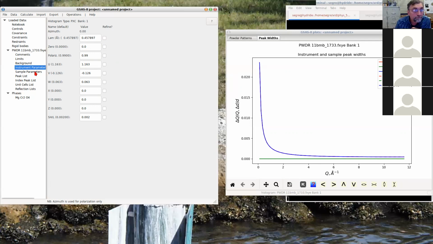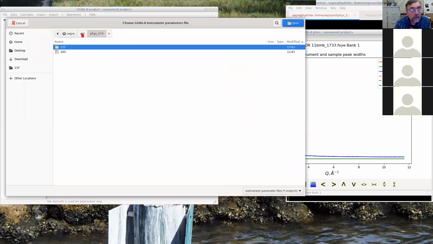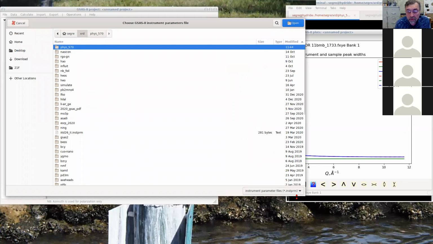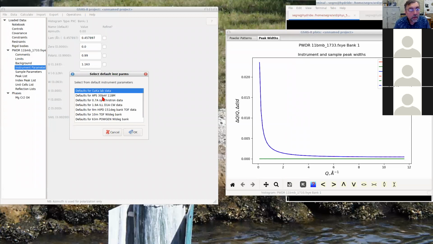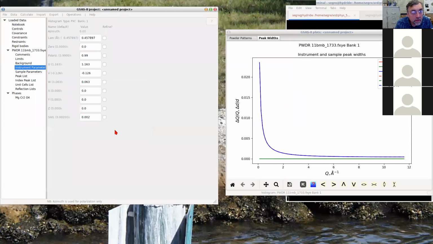So I might be able to load a new parameter. Oh, load the profile. Okay, so let me load a profile. And usually it asks you this, but in this case it did not.